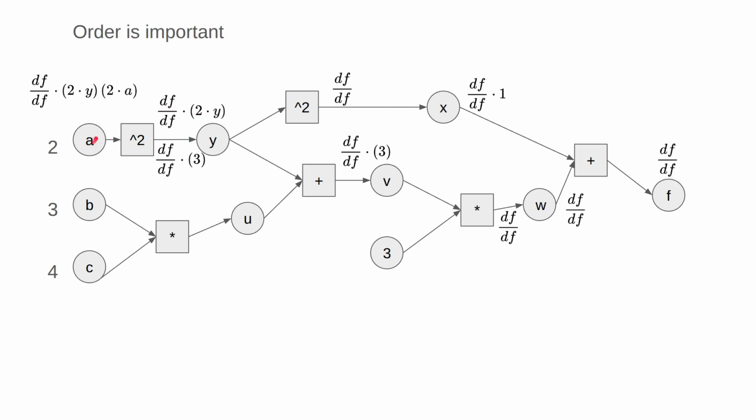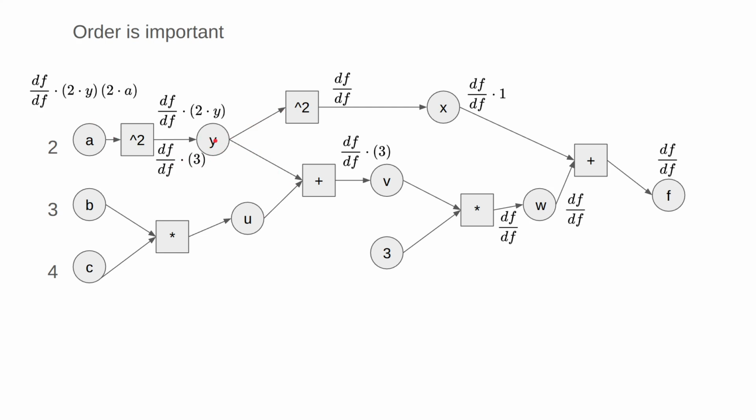It was decided already, but when we traverse the second branch, the gradient of y is changed. So the gradient of a will become incorrect, so we cannot decide the gradient of a before both branches of y are decided, so that we get the real value of the gradient of y.